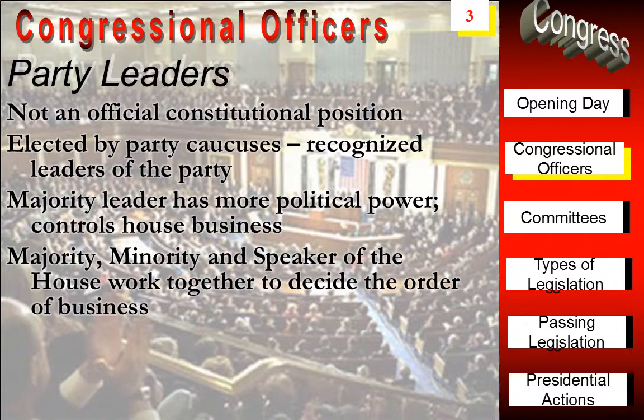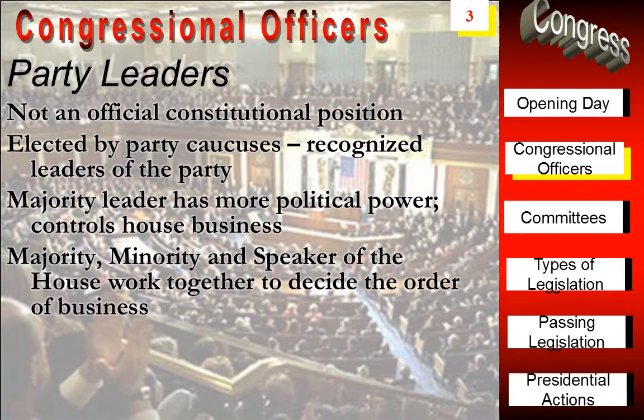The majority leader does have more political power because anytime someone wants to challenge him, or her, he can essentially say, oh yeah, let's put it to a vote. And as soon as it goes to a vote, all the majority stands behind the majority leader, the minority stands behind the minority leader, and they say, I got more people, I win. So that's how the majority leader has the opportunity to really force things through.